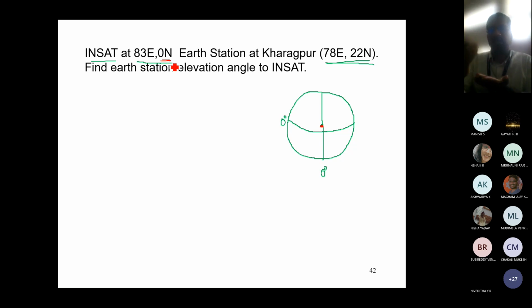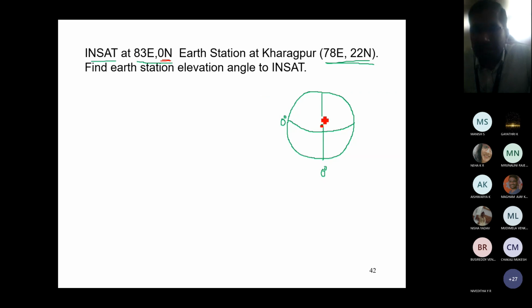So the GEO satellites are moving exactly above the equator. If you make a line joining the center of the Earth to the satellite, then that will pass through the equator.